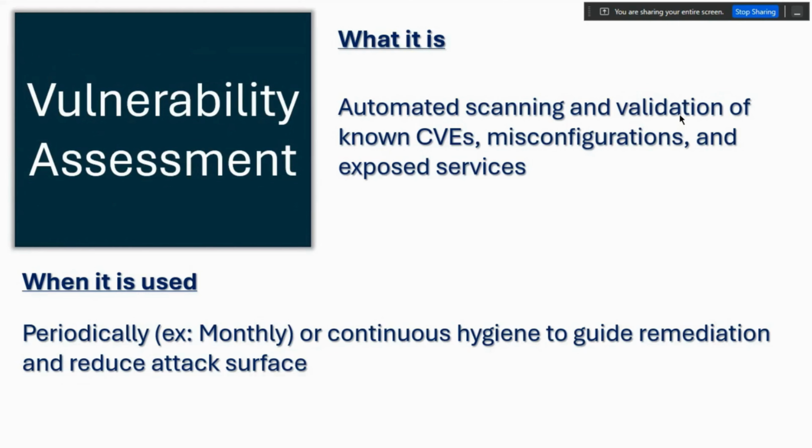When we do this vulnerability assessment periodically, some do it every month, some once in 6 months, some once in a year. It is continuous hygiene, like a continuous vulnerability assessment, and a plan for regular vulnerability assessment every quarter or every year, and so on.